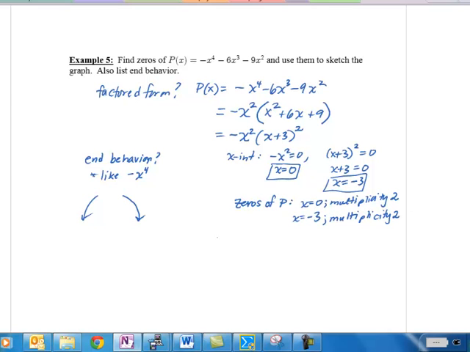So a definition: the multiplicity of a 0 is defined to be the exponent on the factor related to that 0.